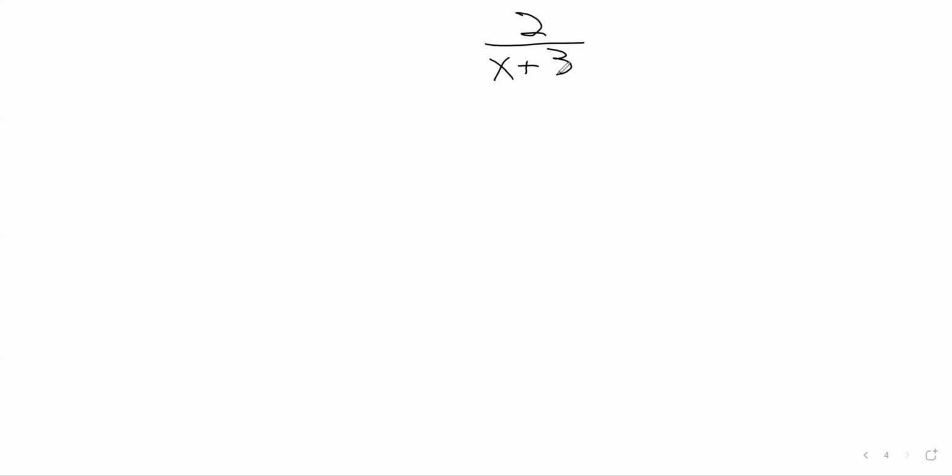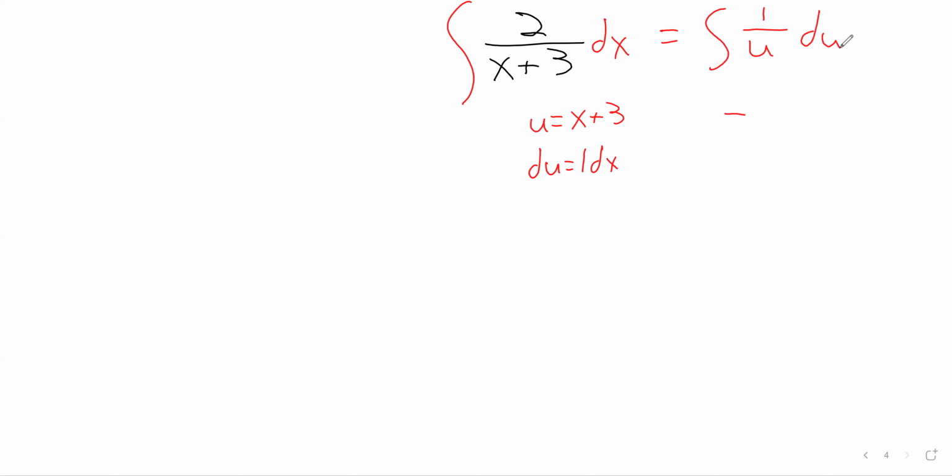And we might be reaching the point where we just do this kind of u substitution in our head. But it's a small u substitution. This turns into 1 over u du. It's the natural log of the absolute value.